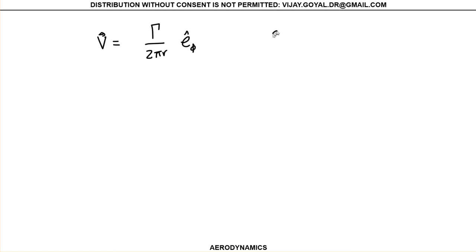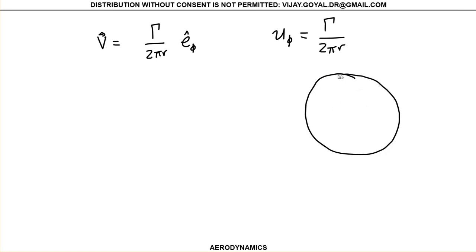In other words, U phi will be gamma over 2 pi r. Okay, so what we are basically trying to say here is what you can immediately see from this equation: right here at the center, we know that your vorticity cannot be 0.